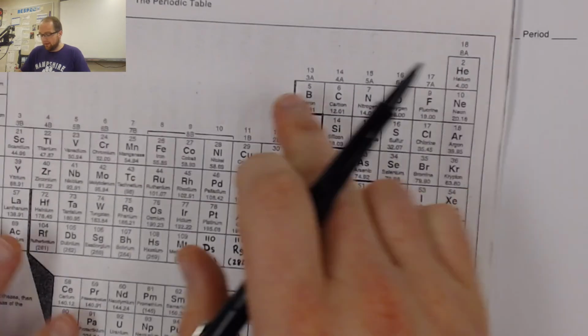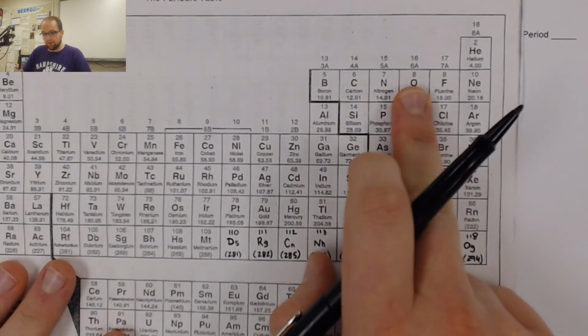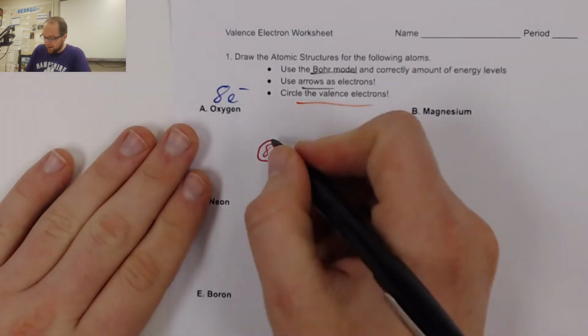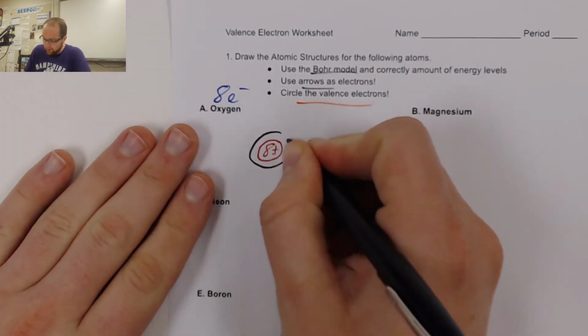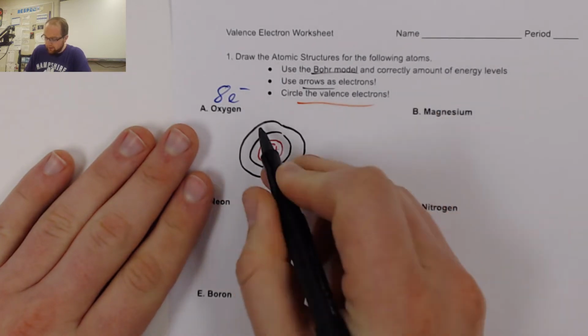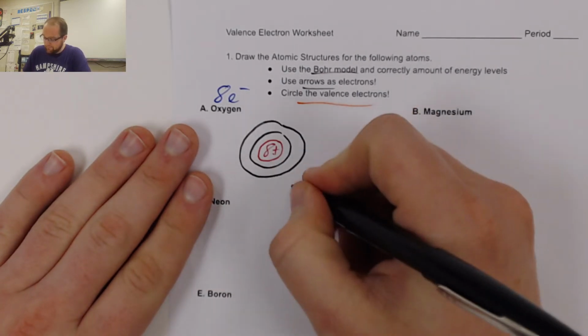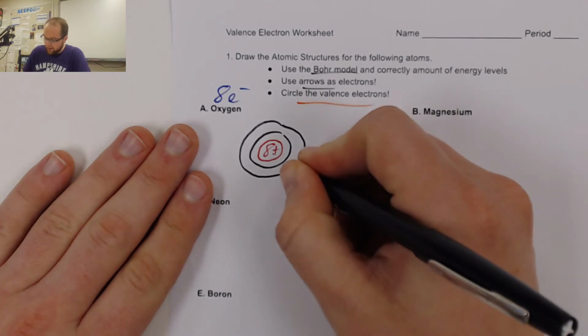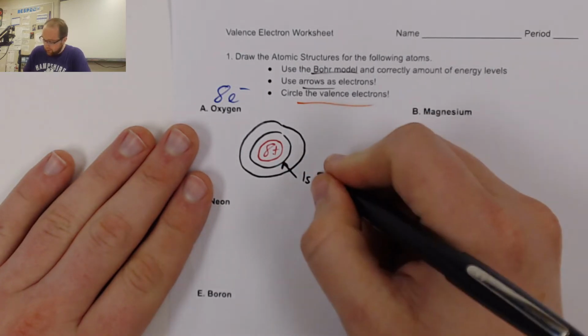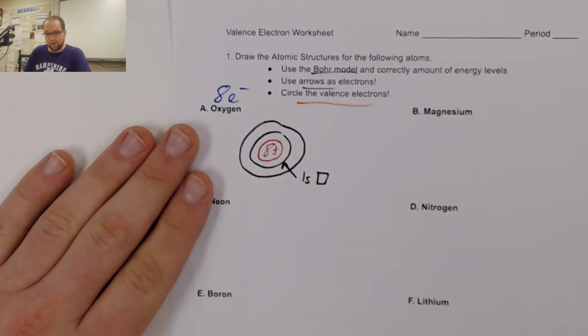Since oxygen is in the second row on the periodic table, that tells me that it's going to have 1, 2 layers of electrons. These are each of the different energy levels. Remember that this first energy level here is made up of the 1s orbitals, right? That's like the one box on our orbital diagrams.